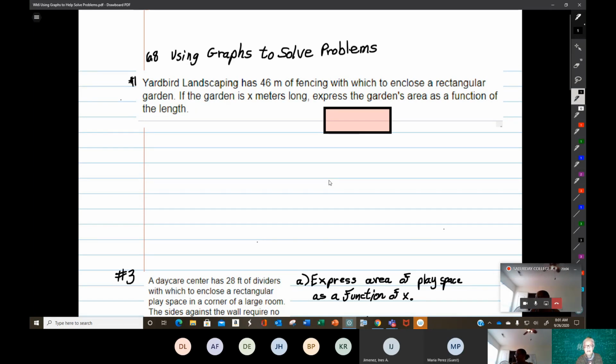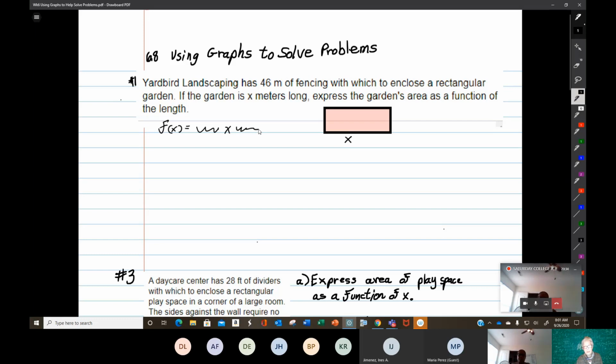Okay, now, as a function of length, we're letting the length, which is the longest side, be X meters. And whenever we say let something be a function of X, we're saying the function of X equals something with X's in it over here.